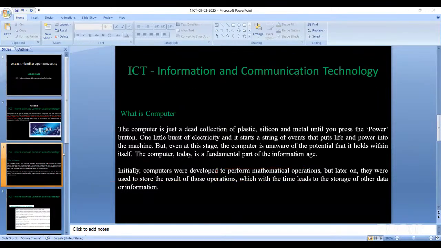The computer is a collection of dead components, and initially it was developed to perform mathematical operations. If anyone does not have a computer background, these two statements tell you what a computer is and what its purpose is. I hope it is clear.